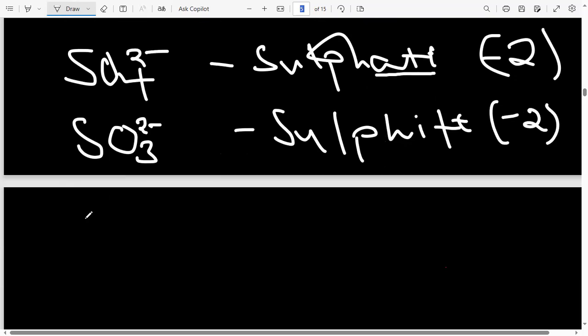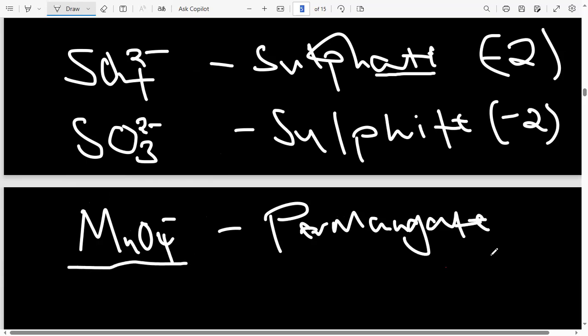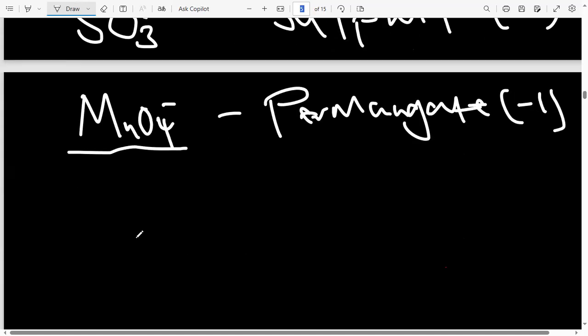And then let's look at this other radical where I have MnO4 and -1 as a charge. This is called the permanganate. I know this name is famous, so know it by heart. So permanganate is just this radical here, with a charge of -1. And then what else?